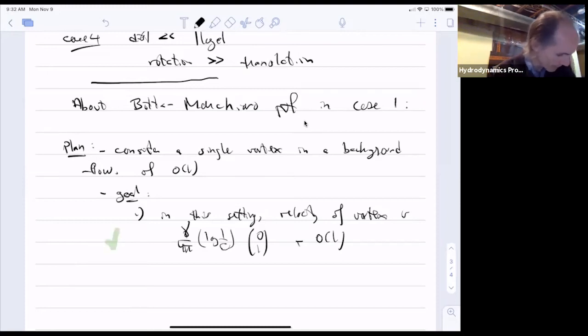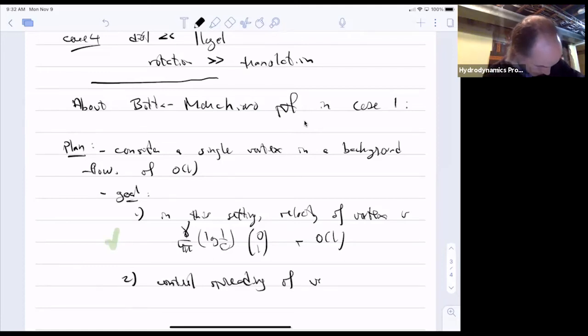We pretty much did. And then the other part is to show that we have to control the spreading of the vortex, the growth in the radius of the vortex core. And remember, this was the part that occupied most of our energy in the previous proof.